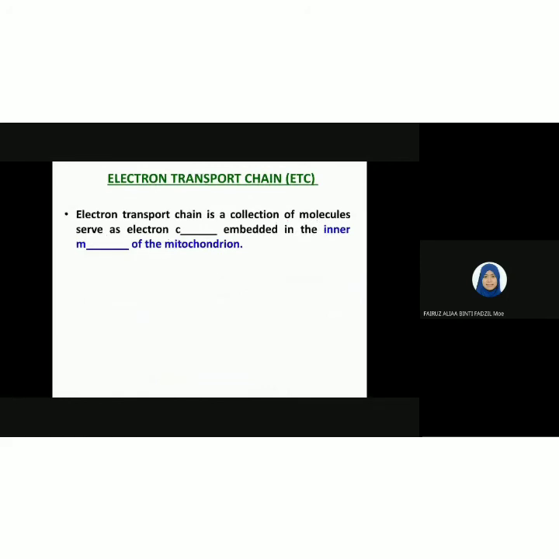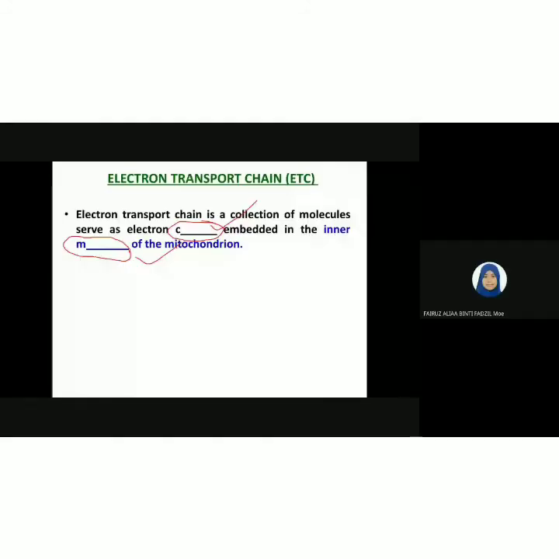Okay, what is the electron transport chain? The electron transport chain is a collection of molecules that serve as electron carriers, embedded in the inner membrane of the mitochondria.